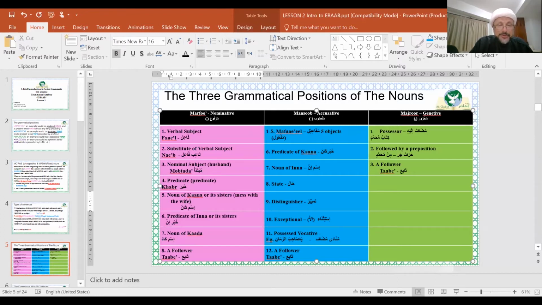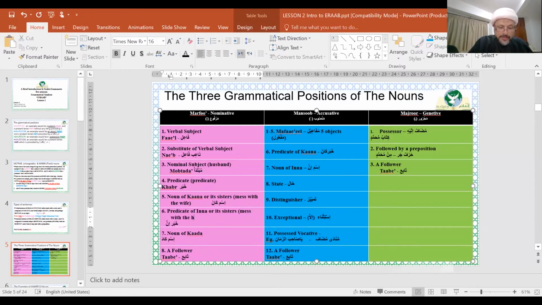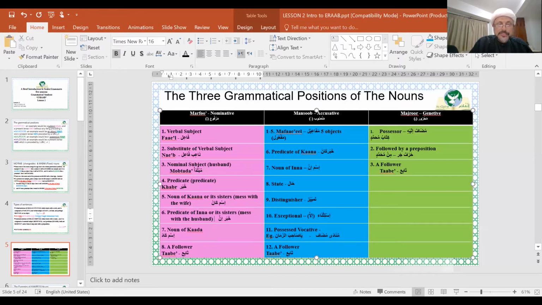Just bear with me. Just understand that these are messers of relations, and these sisters mess with the husband, our mubtada. So these are sisters of the husband. They mess up with the husband, and those are sisters of the wife.